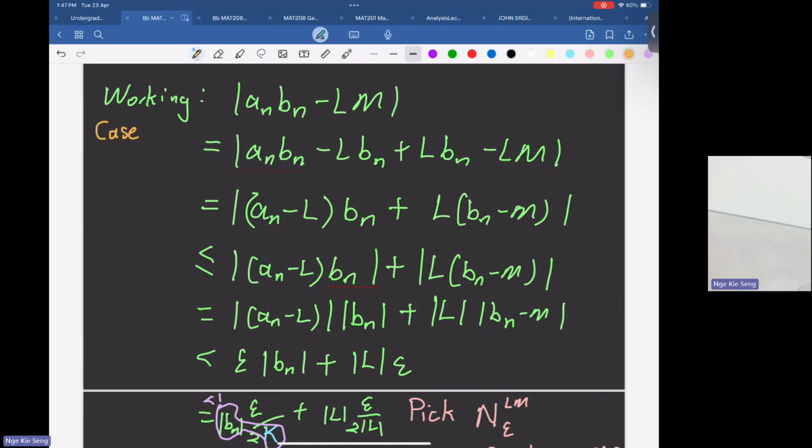Case 2, L equals 0. We want to show that An Bn is less than epsilon: for every epsilon greater than 0, there is an N epsilon such that for all n.